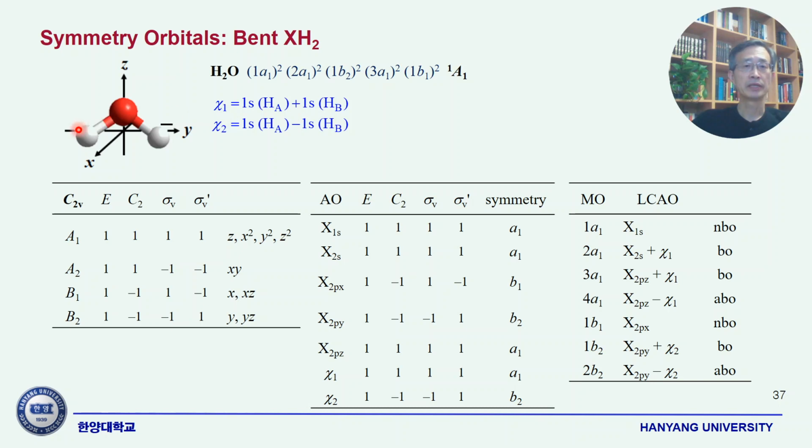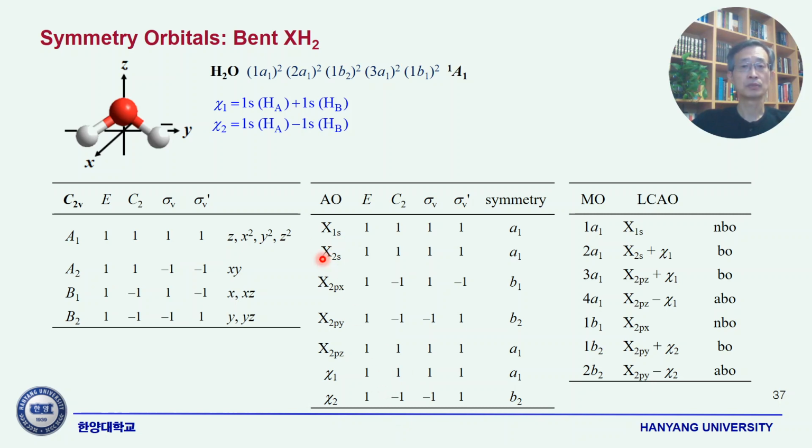Chi1 is symmetric for C2 rotation. We just exchange, but it is still the same. Chi2 is antisymmetric with respect to C2 rotation. That is why chi1 is 1 and chi2 is -1 here.